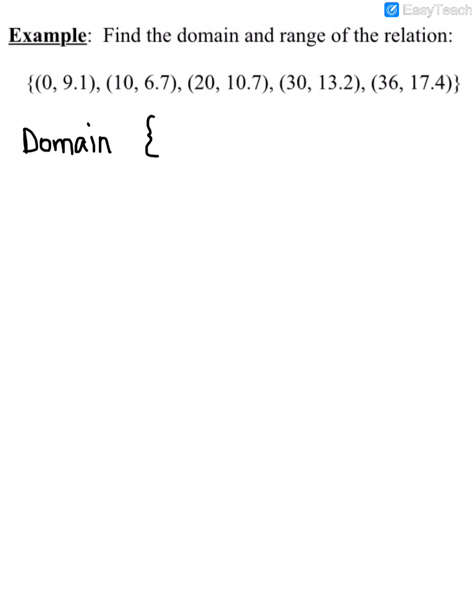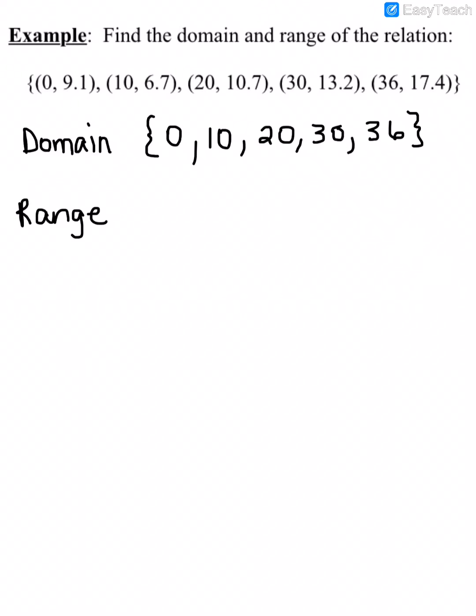Well, we said that all of the numbers in the domain are all of the x values. So in this example, our domain would be 0, 10, 20, 30, and 36. Now the range is going to be all of the y values.